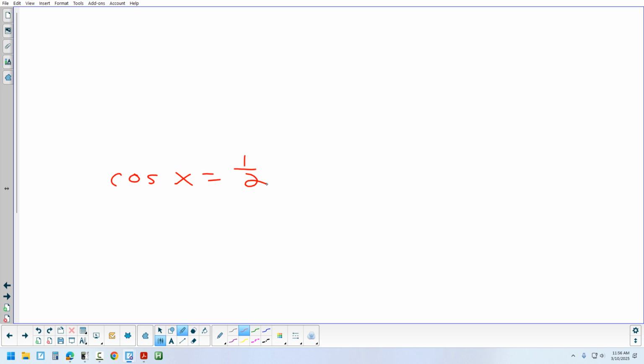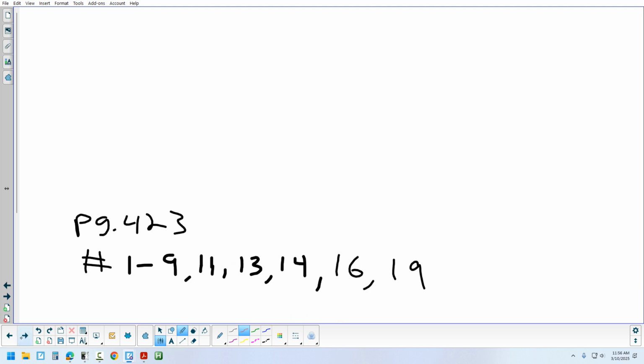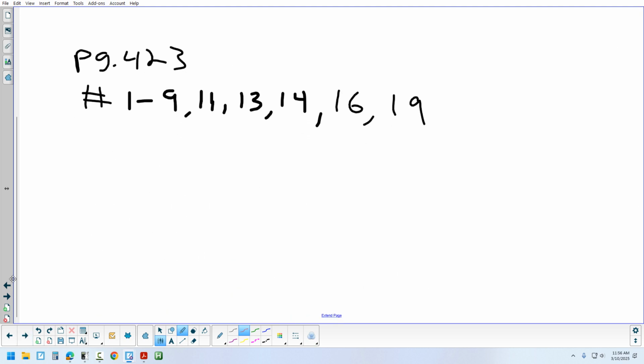Just a single trig function equals a number. No factoring, just inverse trig right off the bat. So they're not all problems you have to do from scratch. I think it's 14, 16, and 19. Those 3 you have to do from scratch.